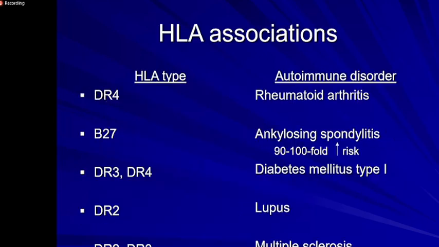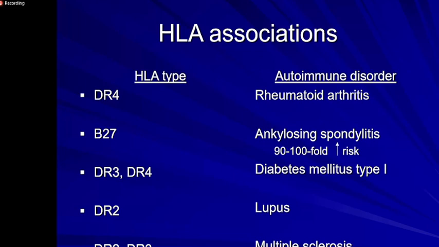And indeed, people have mapped the HLA associations with autoimmune diseases, and they have been able to identify which HLA type will be associated with autoimmune diseases. So HLA type DR4, that's class 2. You find a number of patients with rheumatoid arthritis do carry HLA-DR4.